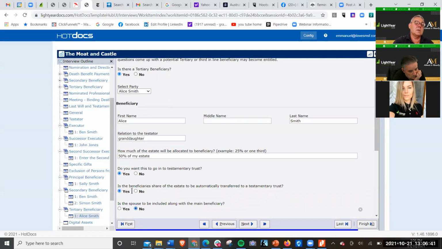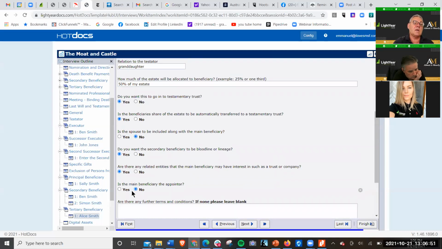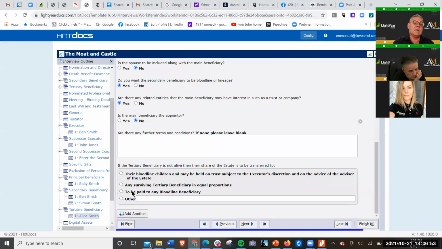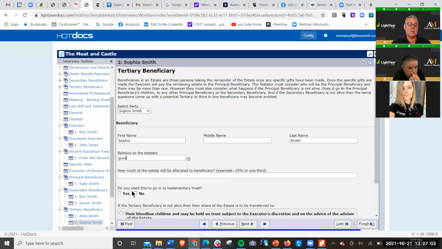Yes, no, yes, yes. You can still do her as a beneficiary as the appointor, even though she's young, but I'm going to go no, that's a bit silly because Ben will look after that one. And if she's not around, then to be provided to any surviving tertiary beneficiary, and that obviously is going to be Sophia, daughter.